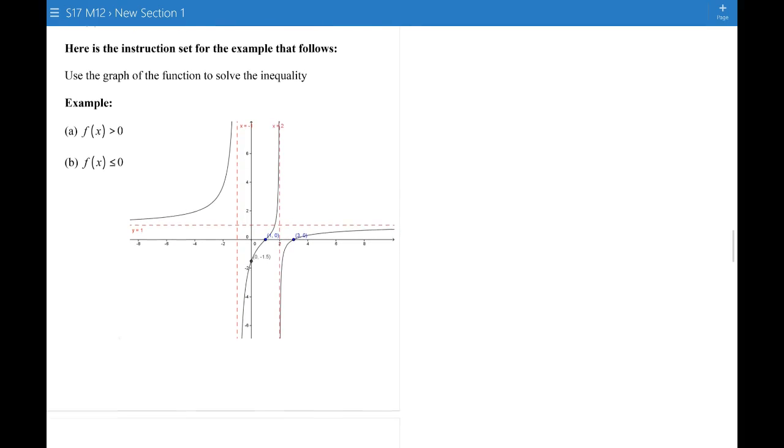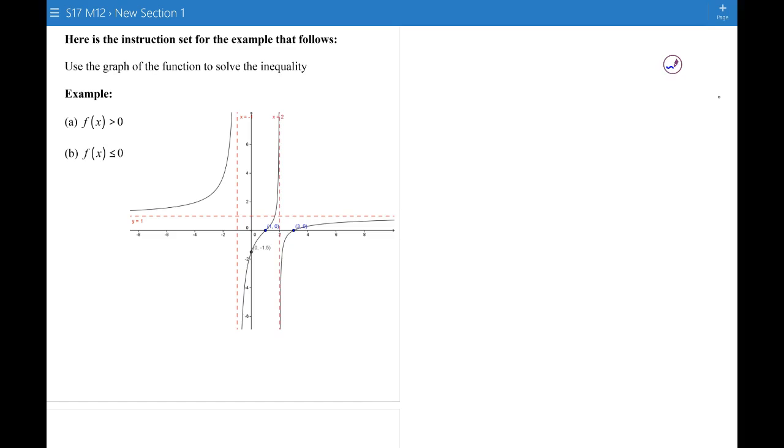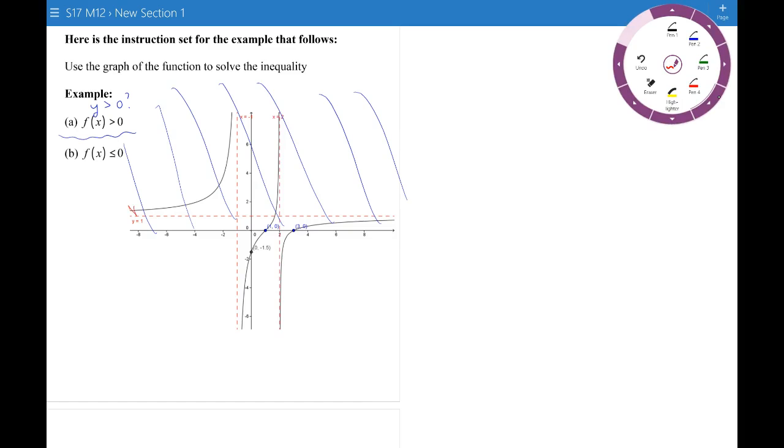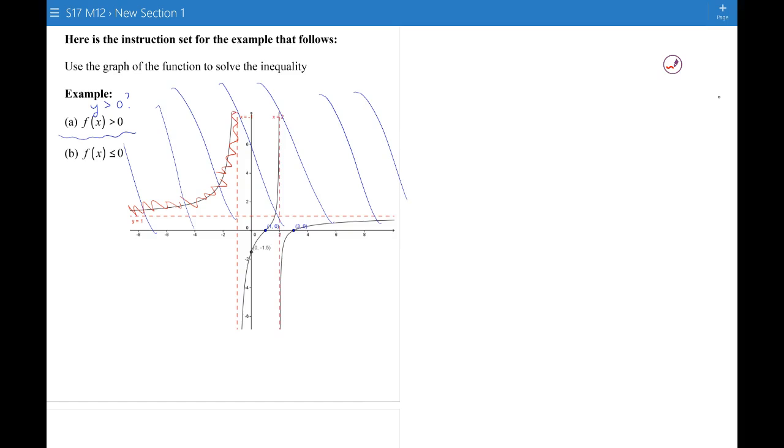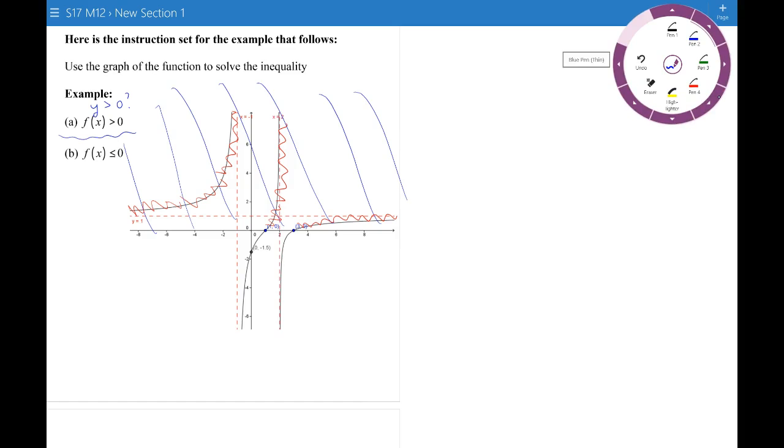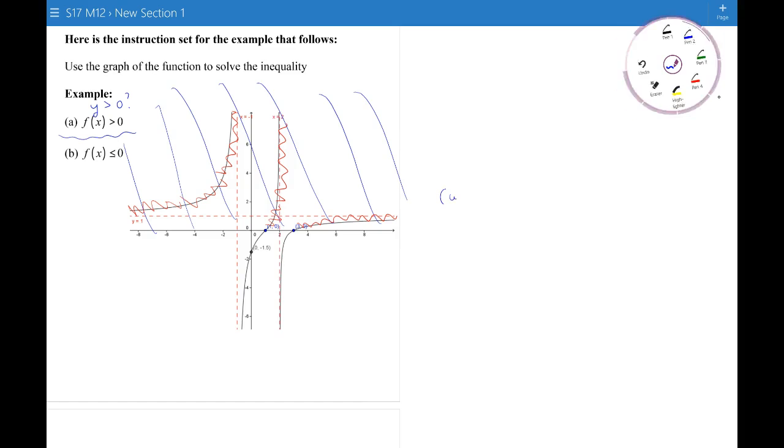So the first one, we're going to use a graph to solve the inequality. It says, when is the value of this function y bigger than 0? Well, here's the part of the xy plane where y is bigger than 0. So look for the pieces of the graph that are in the shaded area. And we have this piece, and this piece, and this piece. So when x is from negative infinity to x is negative 1, the y values are positive.